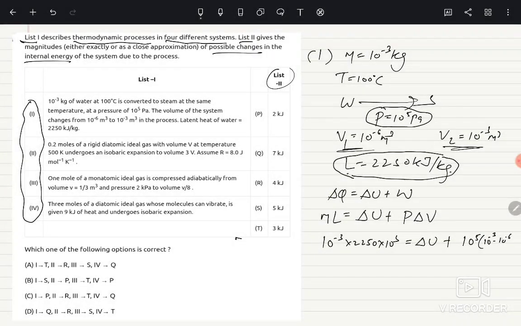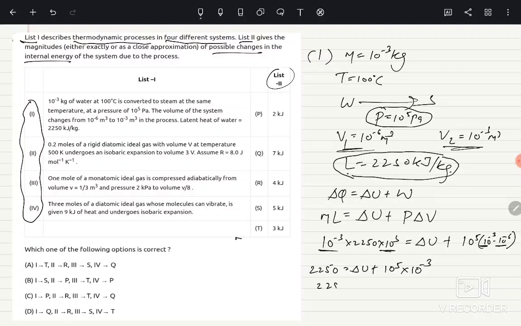So this is written like this. Now 10 to the power minus 3 times 10 to the power 3 gives 2250 equals delta U plus 10 to the power 5 times delta V. When we subtract 10 to the power minus 6 from 10 to the power minus 3, we get approximately 10 to the power minus 3 itself.